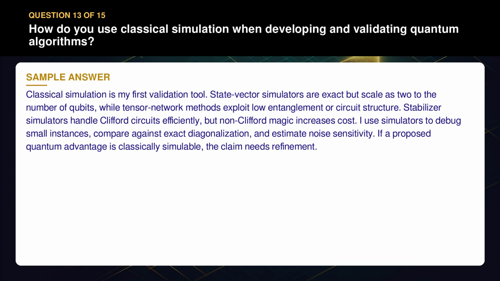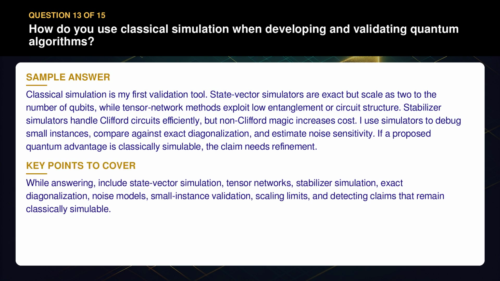If a proposed quantum advantage is classically simulable, the claim needs refinement. While answering, include state vector simulation, tensor networks, stabilizer simulation, exact diagonalization, noise models, small instance validation, scaling limits, and detecting claims that remain classically simulable.